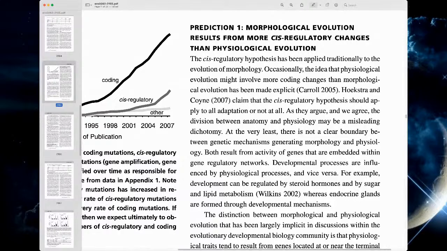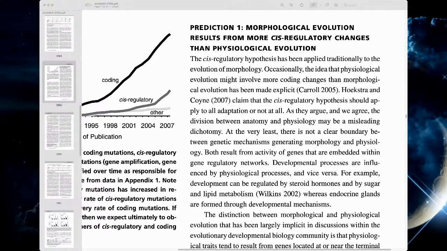The regulatory hypothesis has been applied traditionally to the evolution of morphology. Occasionally, the idea that physiological evolution might involve more coding changes than morphological evolution has been made explicit. Carroll, 2005.